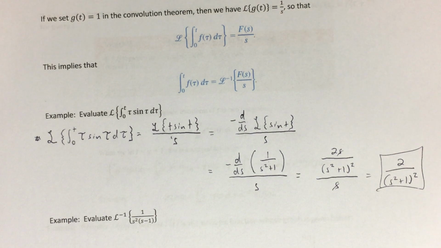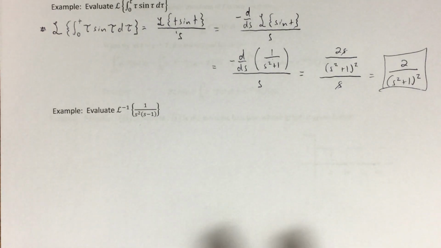Okay, so again, just to reiterate what our theme is here, we're using these operational properties to avoid having to use the definition of the Laplace transform directly. And even though this took a few steps, this was a pretty painless process.